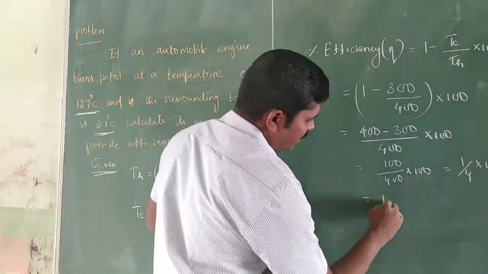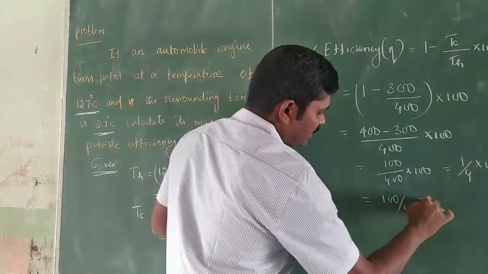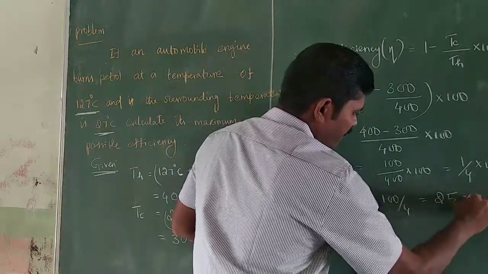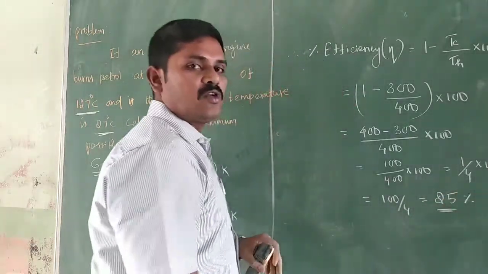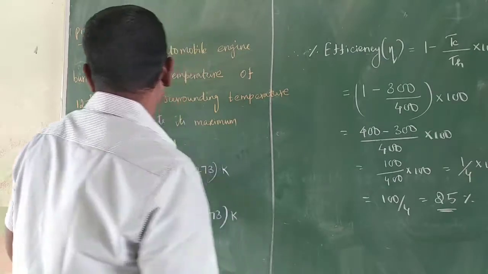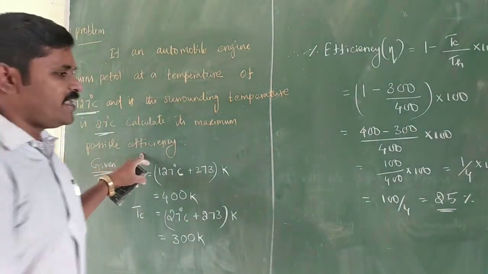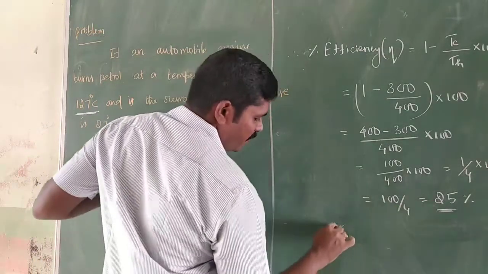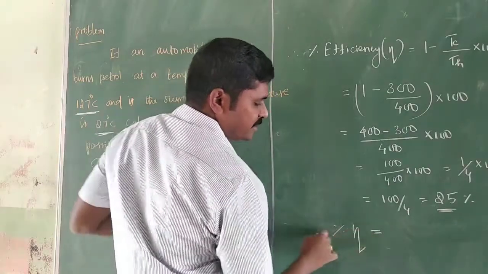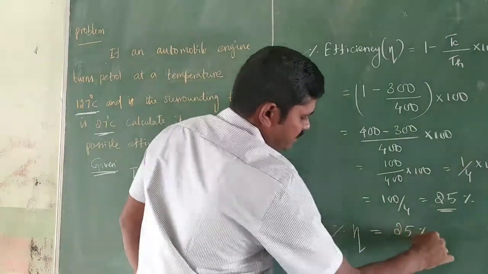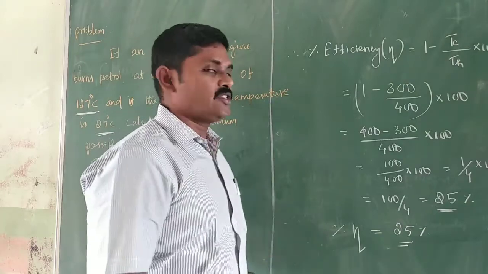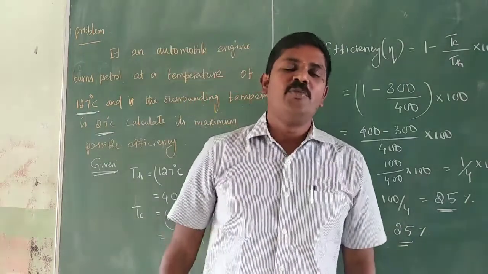That is equal to 100 by 4, which is 25%. So the maximum possible efficiency is 25%. Okay students, thank you. We'll meet next class.